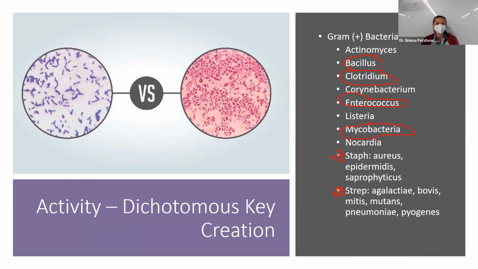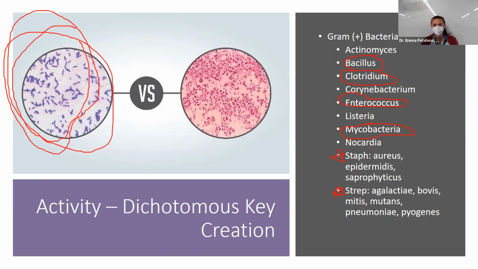If they're not on the list, I don't have them as being as important. There are more gram-positive bacteria than this; I only list the ones with clinical relevance that would likely come up on your test. So these are your gram-positives. They turn purple, with a thick protein-sugar wall.